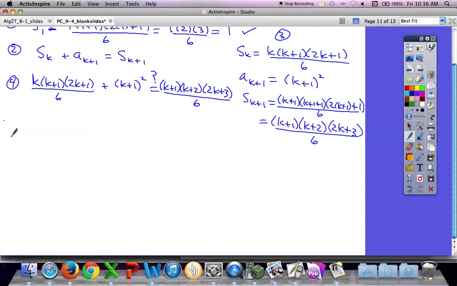What do you think would be a good first step? Multiply by 6. So let me multiply here by 6, and here by 6, and here by 6. Remember, every term. Don't forget a term. And then this cancels these two denominators.